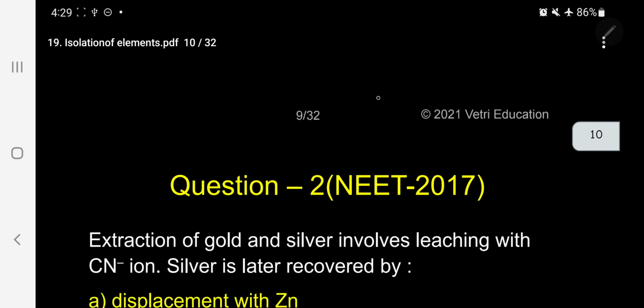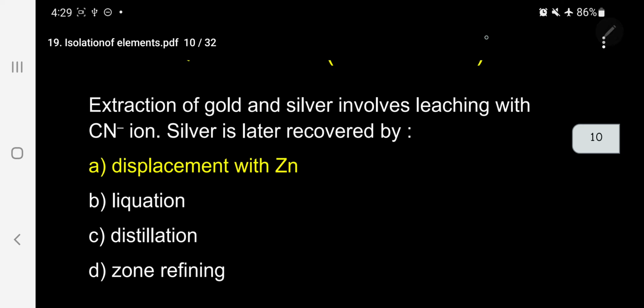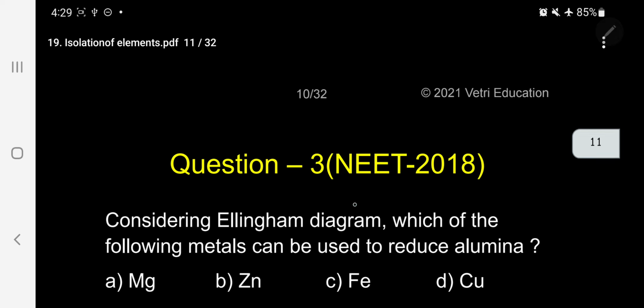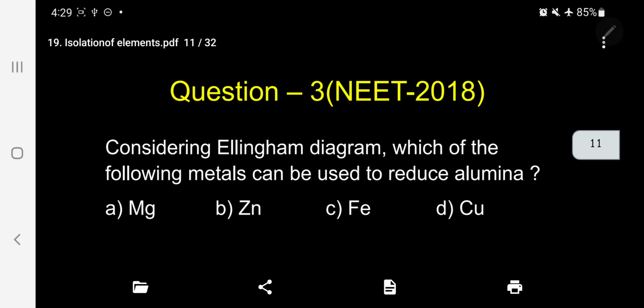That is the answer. Now just see here. Extraction of gold and silver involves leaching with cyanide ions. Silver is later recovered by displacement with zinc. Very, very clear. Only if you know what is leaching with cyanide ion can you answer the question. So the answer is A.